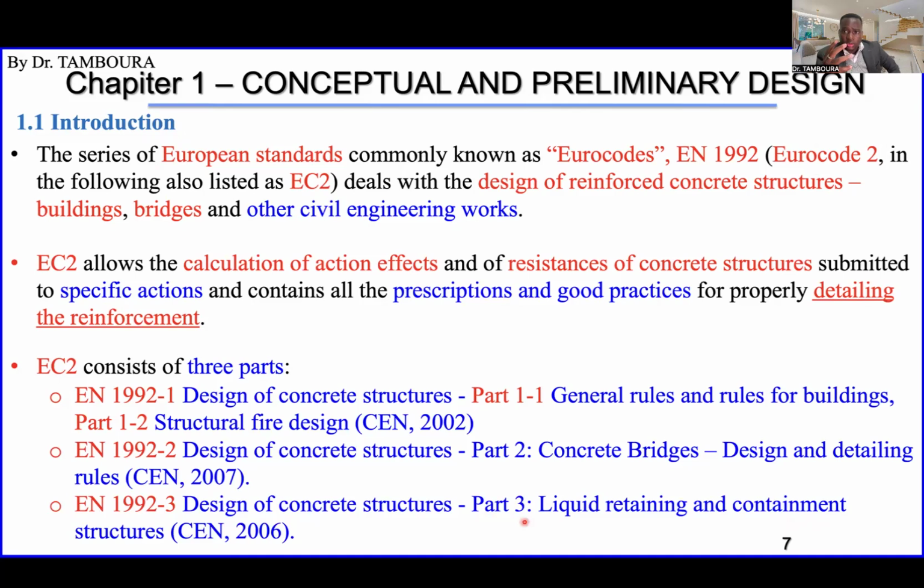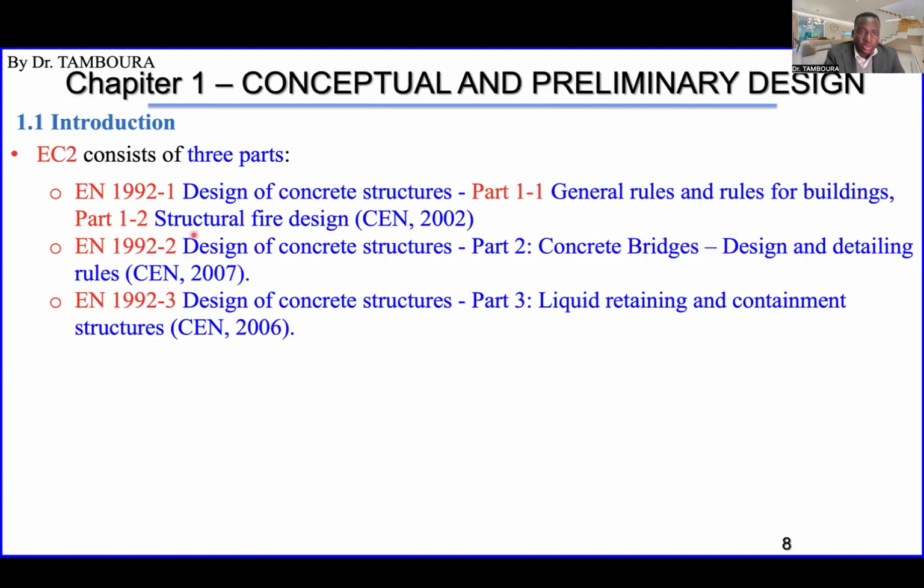It means reservoirs like oil tanks or water tanks, and how to design these when they are made of concrete. So, the 3 parts of Eurocode 2: part 1, part 2, part 3. We are going to deal with part 1. The first part of Eurocode 2 is covered by this program.